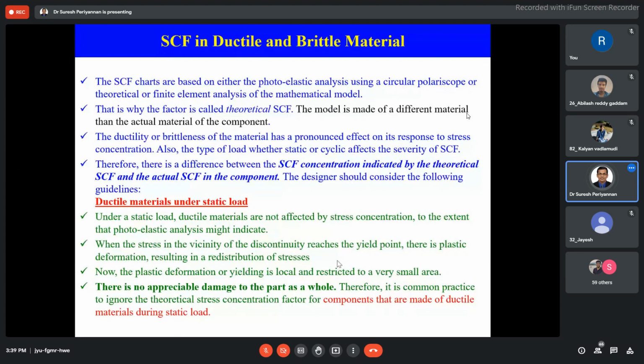Did we consider the direct value? No. We used the factor of safety: ultimate tensile strength divided by factor of safety. For example, 210 ultimate tensile strength divided by 3, then we consider a permissible stress limit of 70 megapascal.